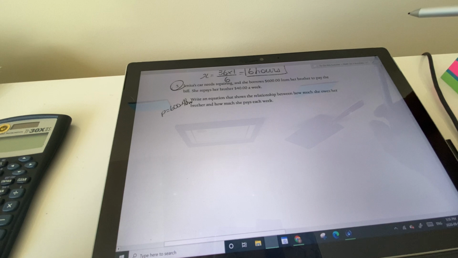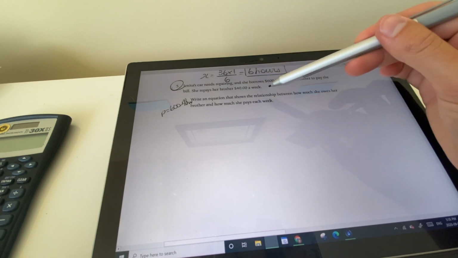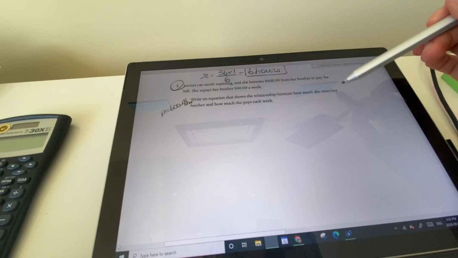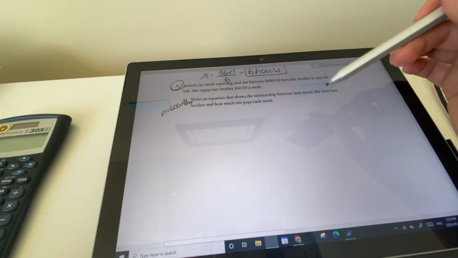So Janita's car needs repairing, and she borrows $600 from her brother to pay the bill. What a good brother. She repays her brother $40 a week. Write an equation that shows the relationship between how much she owes her brother and how much she pays each week.